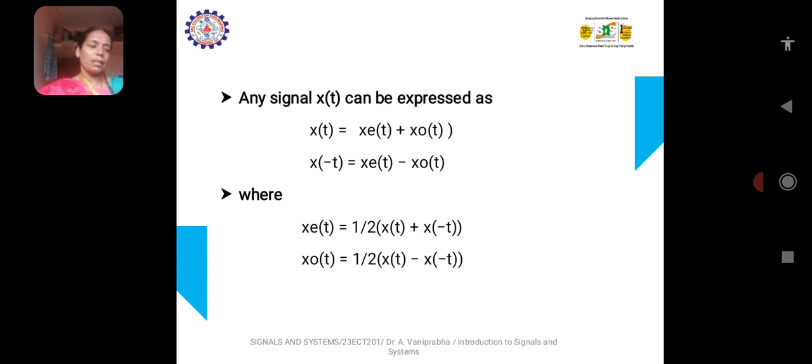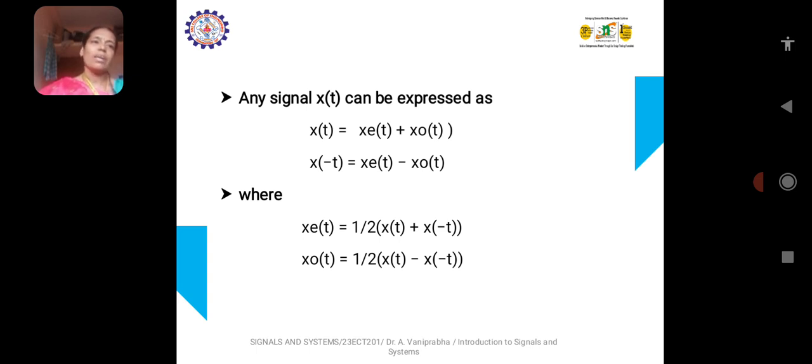Okay, any signal can be expressed in terms of even and odd components. How can we represent a signal as even and odd? Consider x of t as a signal. This can be decomposed into even and odd signals, which is equal to x e of t plus x o of t. And the mirror of that given x of t is x of minus t, which is nothing but x e of t minus x o of t.